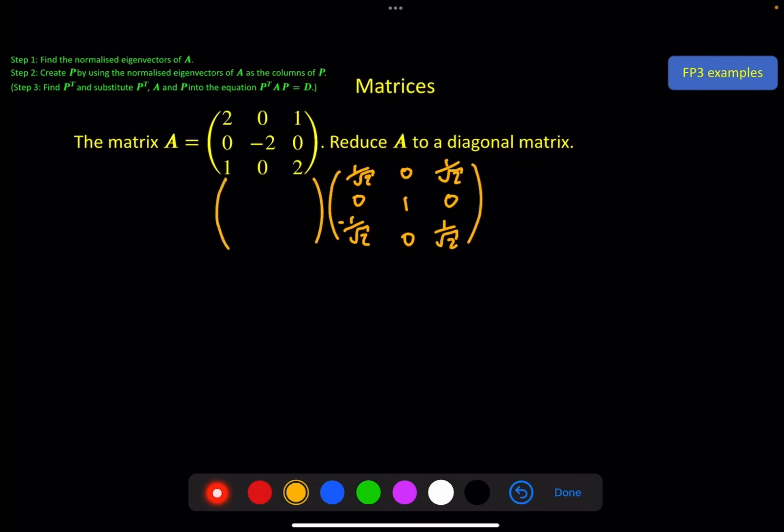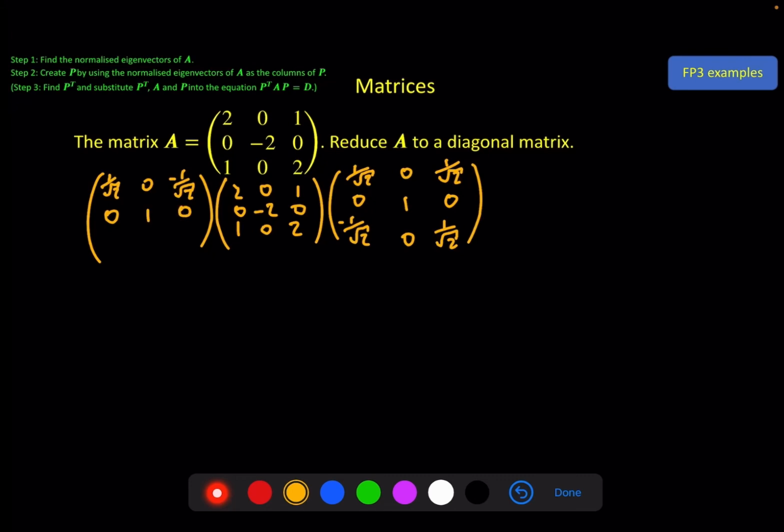In front of that we've got A, and in front of that the transpose of P. So we change the columns into the rows, which puts the minus over there, and 1 over root 2, 0, 1 over root 2. And all of this multiplied gives me D. Now I've put them in the correct place, I can do whichever pair first I want. I'm going to do this pair first.